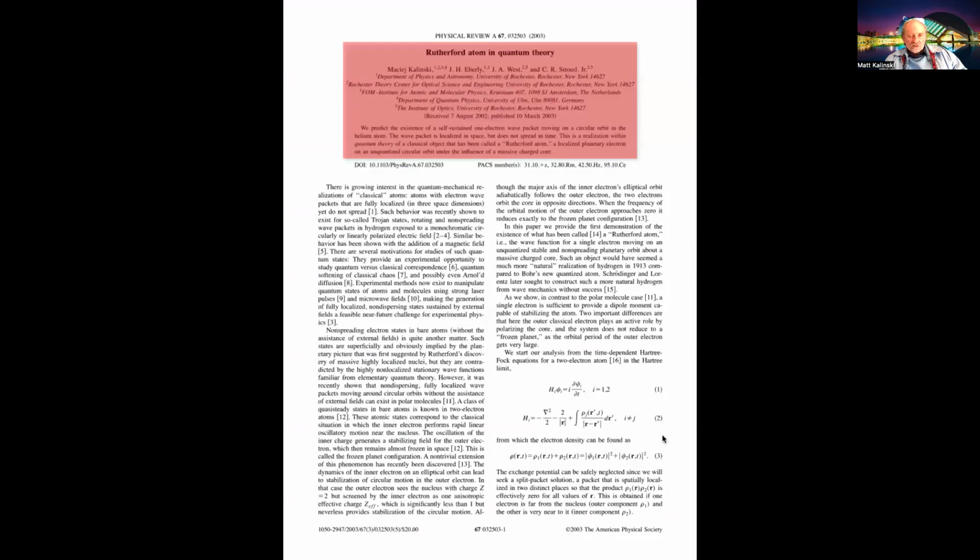Okay, so we constructed, in the beginning of the talk, something which we called the Rutherford atom in quantum theory, because it corresponds basically to the early models of atoms.